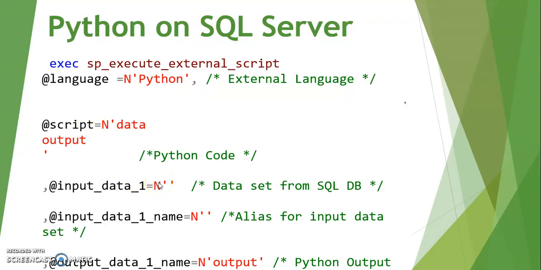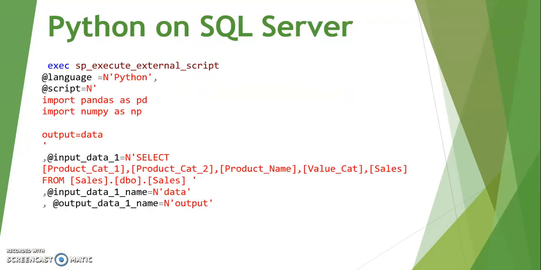We can simply say a select statement. Then this variable is to set an alias for this input variable. Once we set a select statement, we can alias it using any name, and the final one is the output variable. Once we execute the Python code, the result will be set into this variable, and we can view the output. Okay, let's try out the sample code.